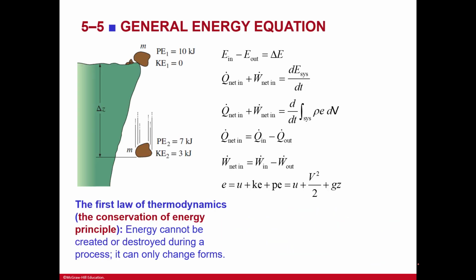So here's the general energy equation. Energy in less energy out equals the change of energy. Here Q is the heat transfer rate in, and this is work, and these are both rates. This is the change of energy in the system over the change in time, because this is a rate.